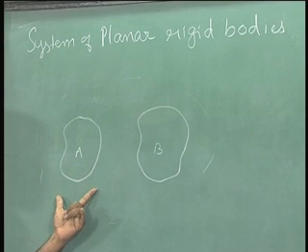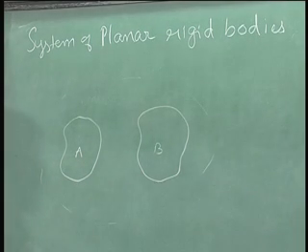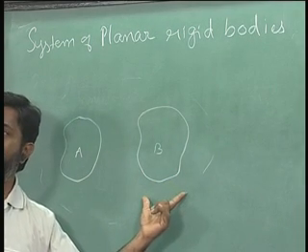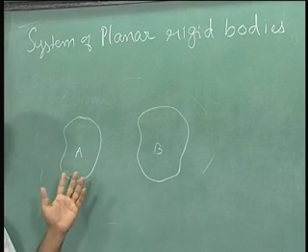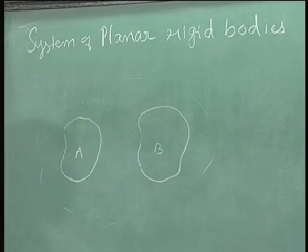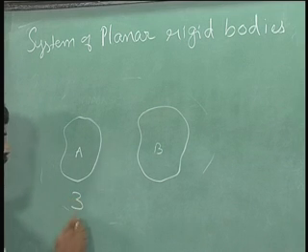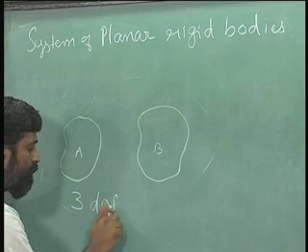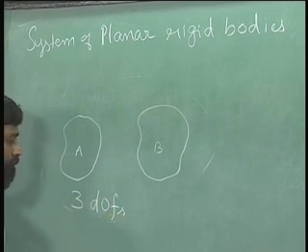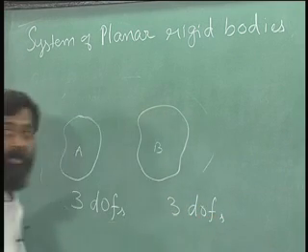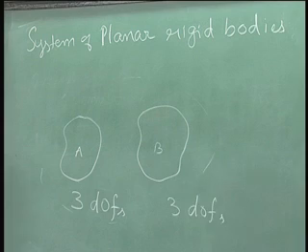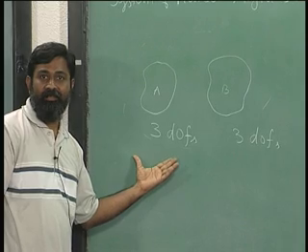I know that the rigid body A will have 3 degrees of freedom and rigid body B will have 3 degrees of freedom, and as you can see here these two are independent of each other, and therefore 3 degrees of freedom here, I am just going to call it as DOF, and 3 degrees of freedom over here, which means I have 6 degrees of freedom for this system. Okay.